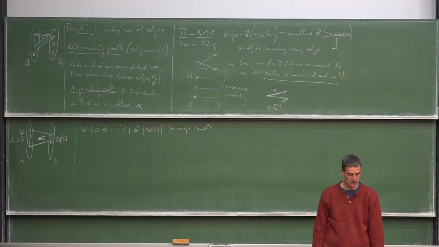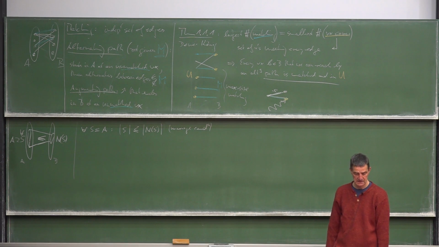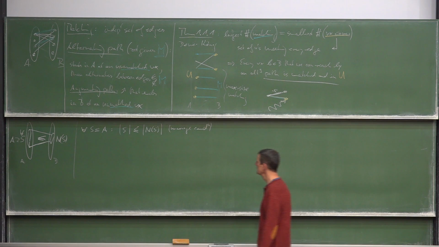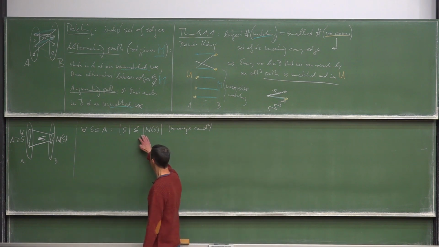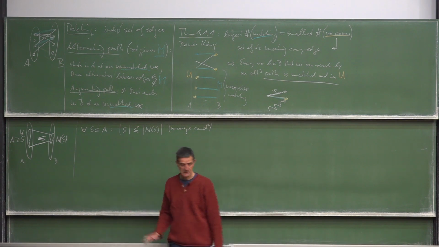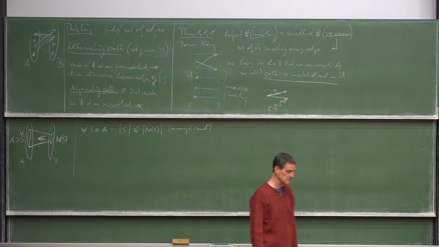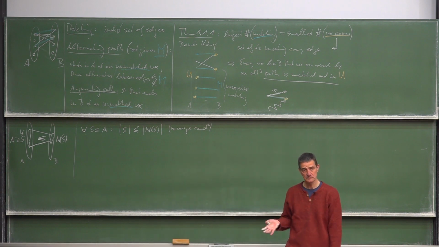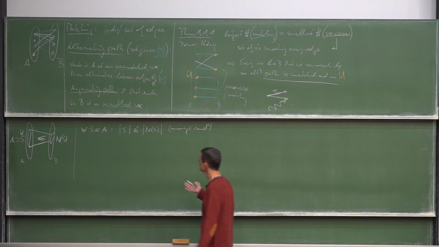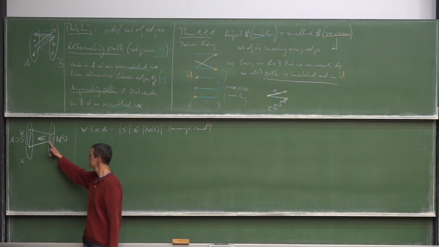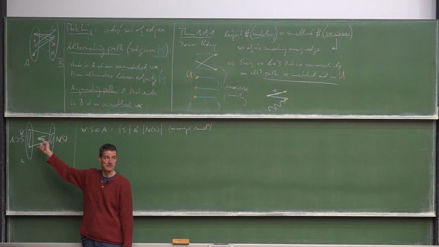It's also a nice theorem in the certificate sense. So this is clearly a certificate for the non-existence of a matching of A. And the theorem says if there's no matching of A, then there exists such a certificate.